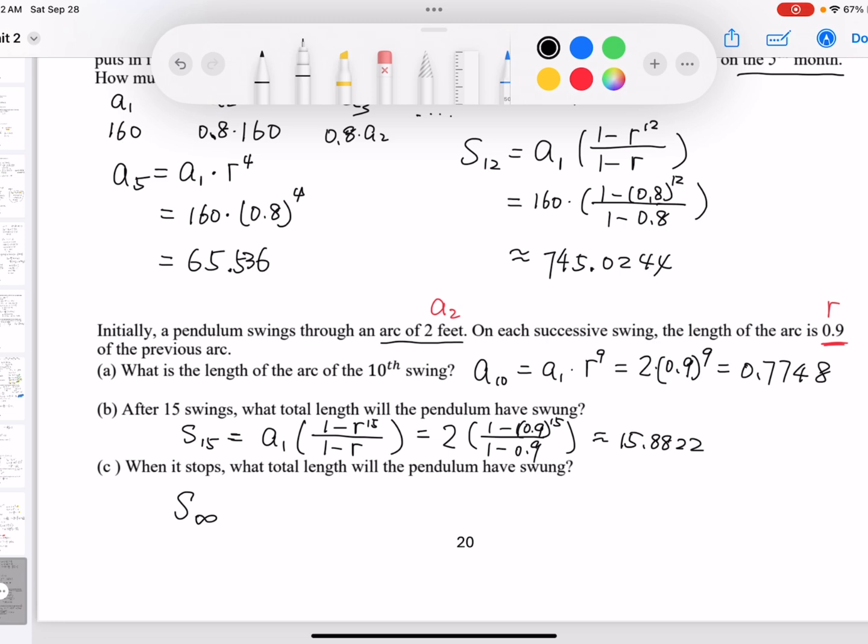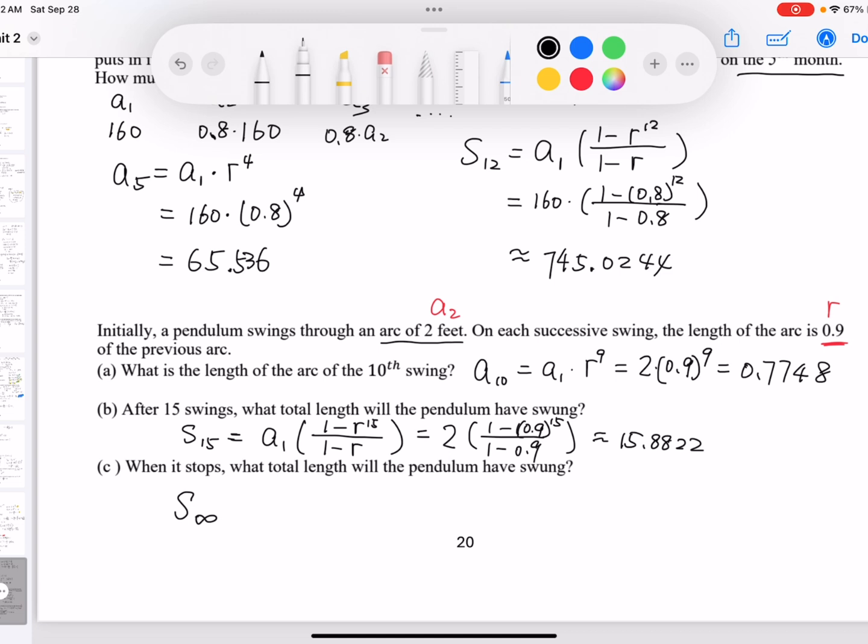If I want to find the S sub infinity, I want to verify my absolute value of R is greater than or less than 1. So absolute value of R is absolute value of 0.9. It is less than 1. So this is a convergence. If it is convergence, I can use the formula.